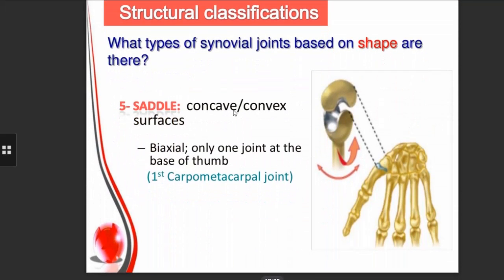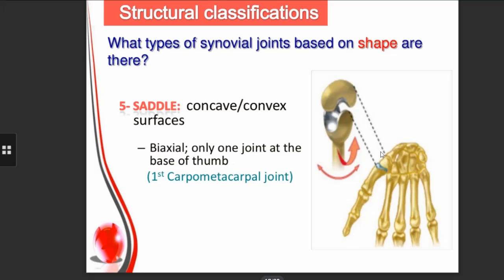Fifth one is the saddle shape. You have seen a saddle on a horse. You can imagine it. This is the shape of a saddle. It's biaxial, meaning that it can adduct, extend, and flex. Only one joint at the base of the thumb.